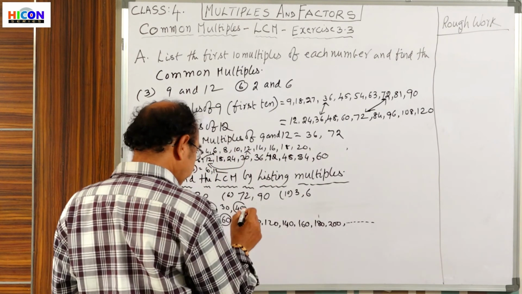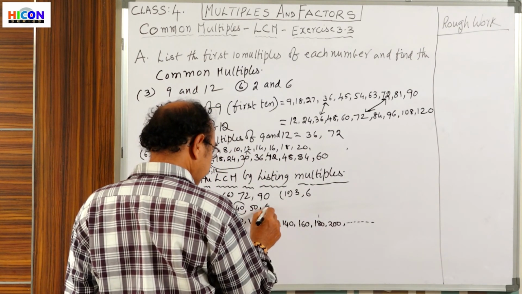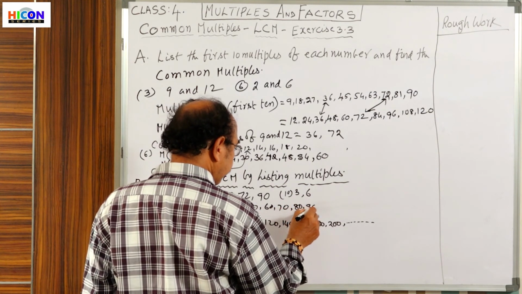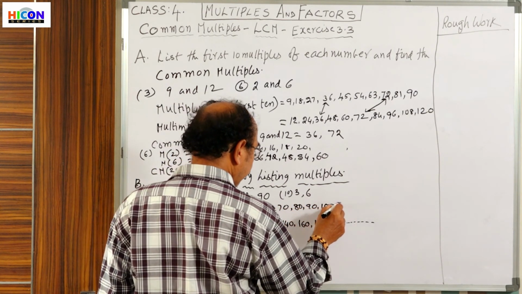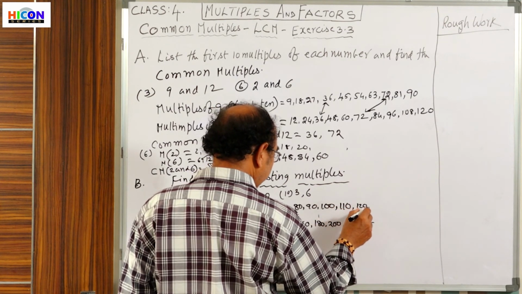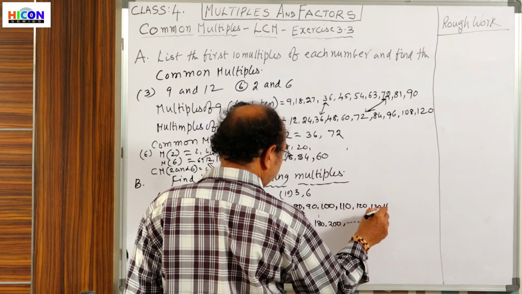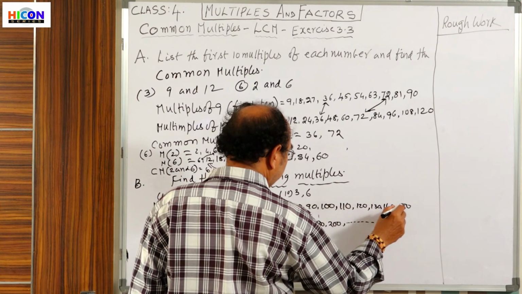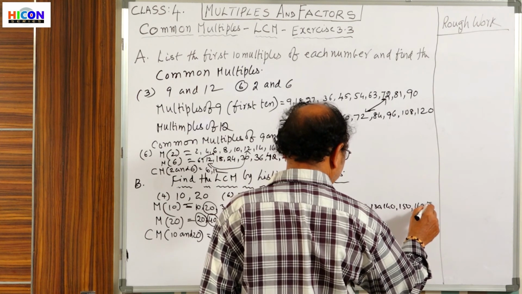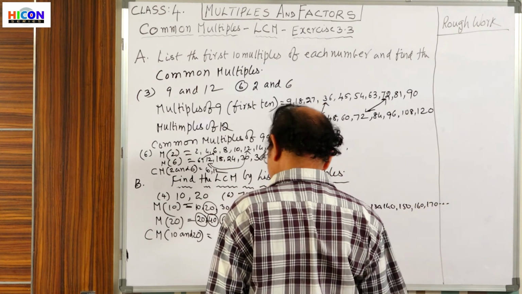See children: 10, 20, 30, 40, 50, 60, 70, 80, 90, 100, 110, 120, 130, 140, 150, 160, 170 and so on.